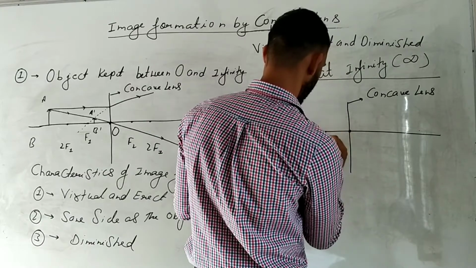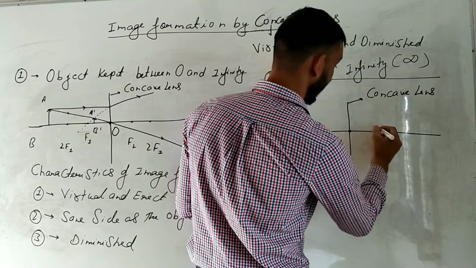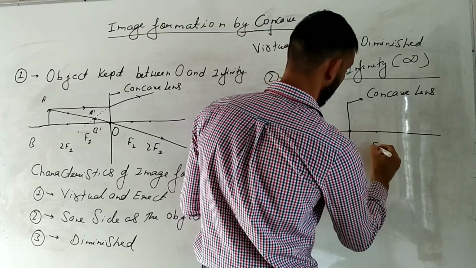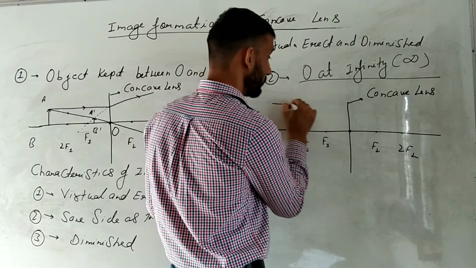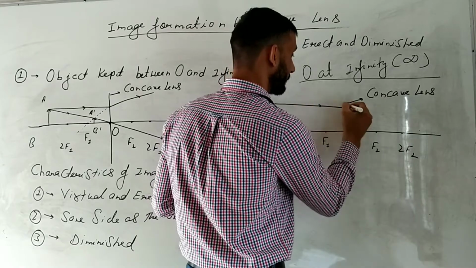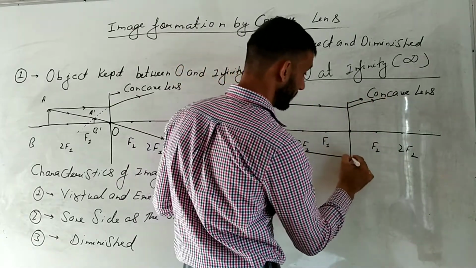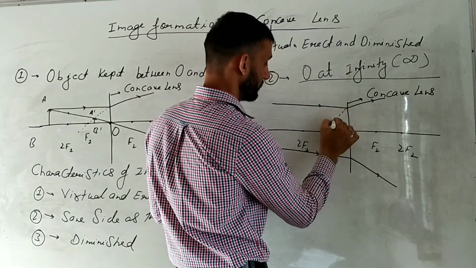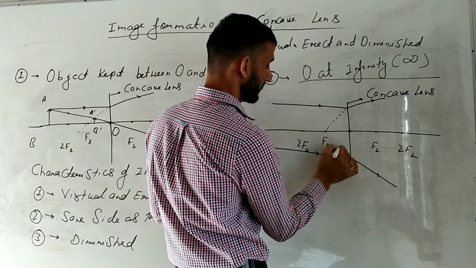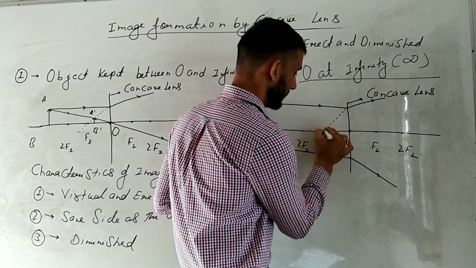So this is f1, this is 2f1, taking my approximations, this is f2, this is 2f2. You know that object at infinity, light rays are going to come parallel, they will diverge as this is a diverging lens, and they will pass through focus. So this will be the image formed.